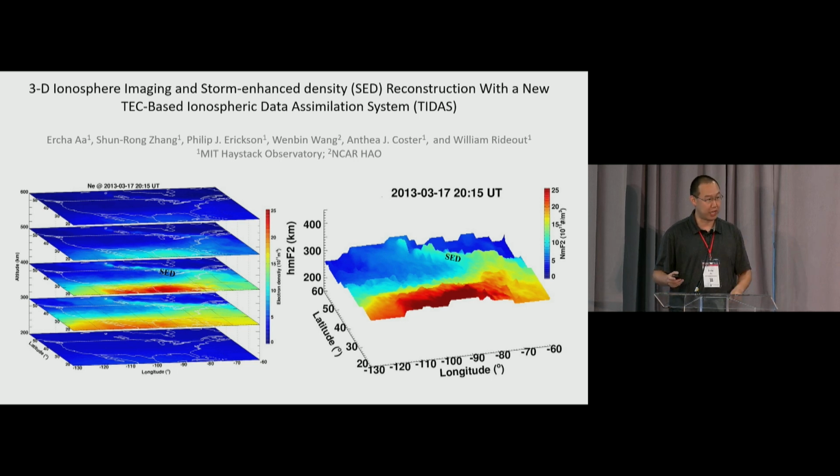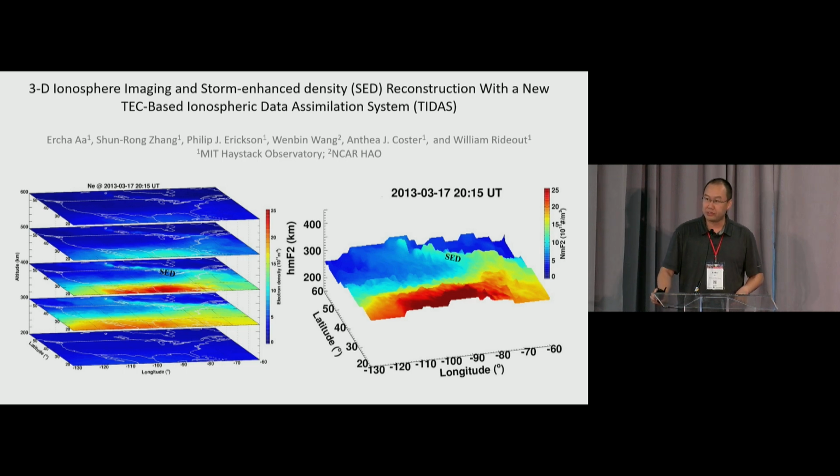Therefore, in this project, we constructed a TEC-based ionospheric data assimilation system, the TIDAS. We aim to provide 3-dimensional ionosphere imaging and reconstruction of the 3-dimensional structures of the storm-enhanced density.